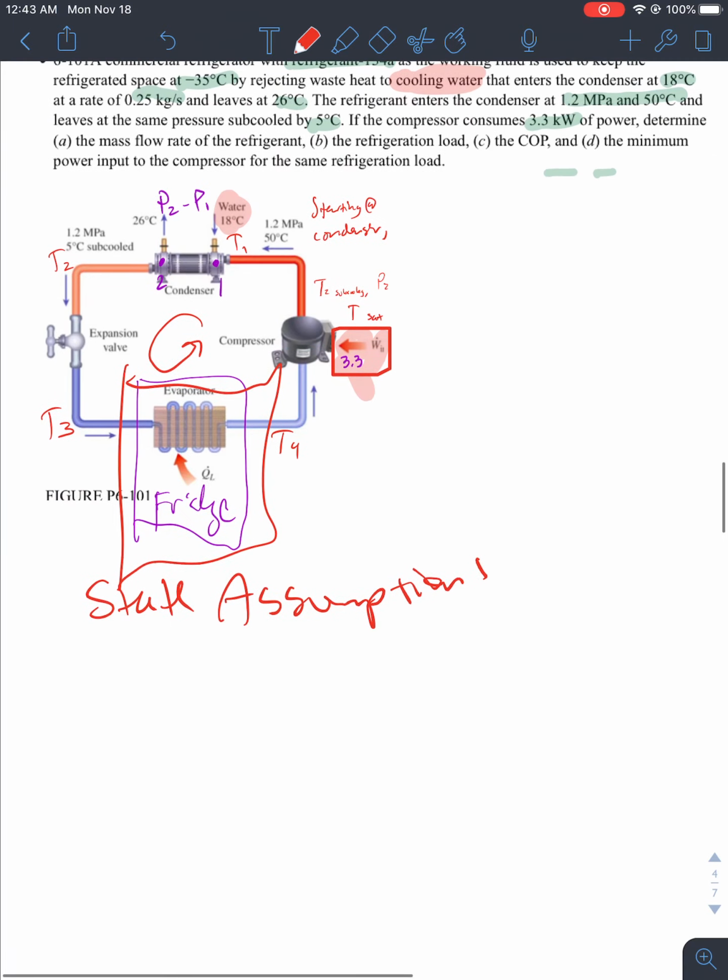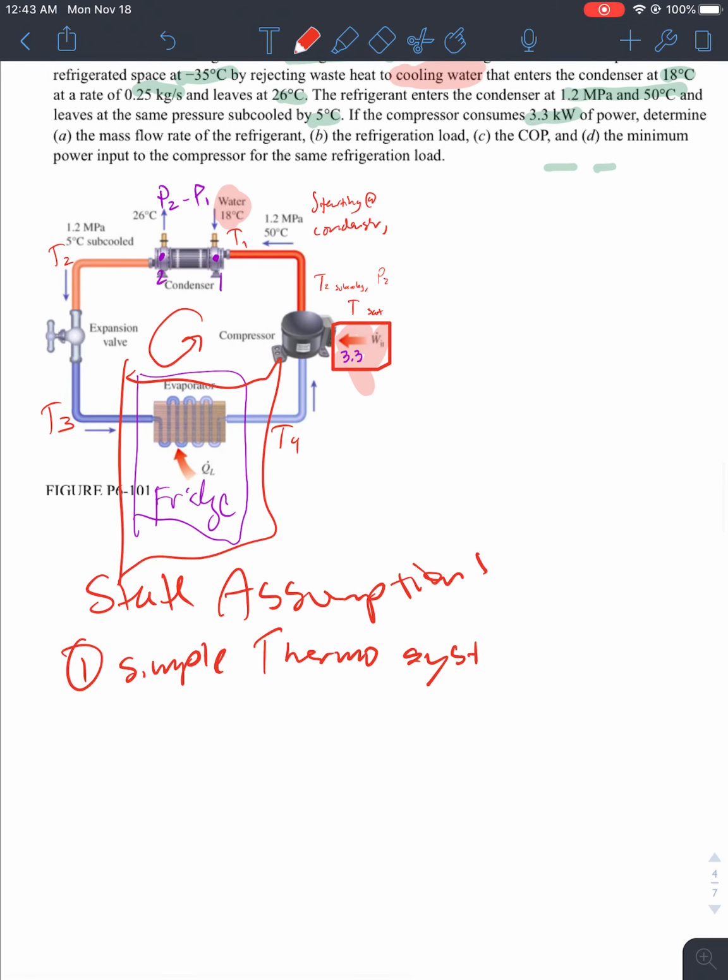So the assumptions are, one, only simple thermodynamics principles apply. Or this is a simple thermosystem. So I assume everything's ideal, e.g., whatever that means. All ideal.